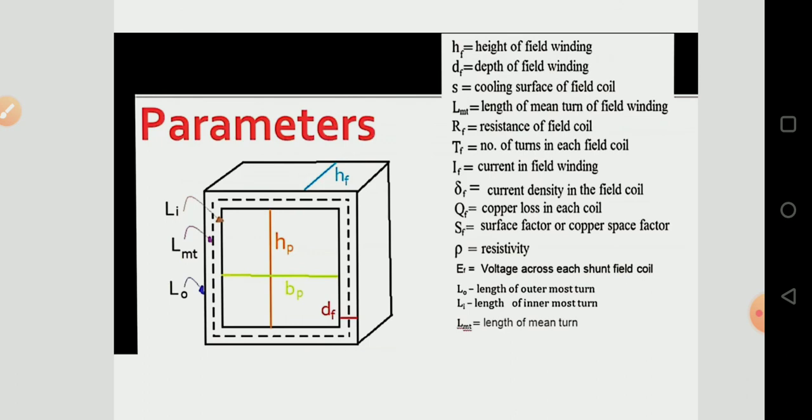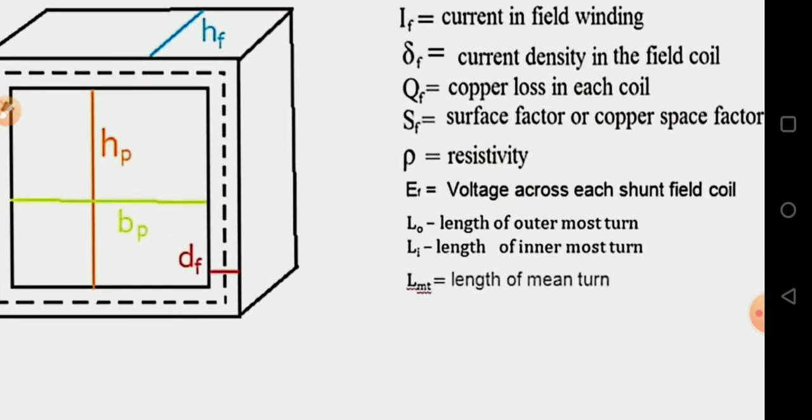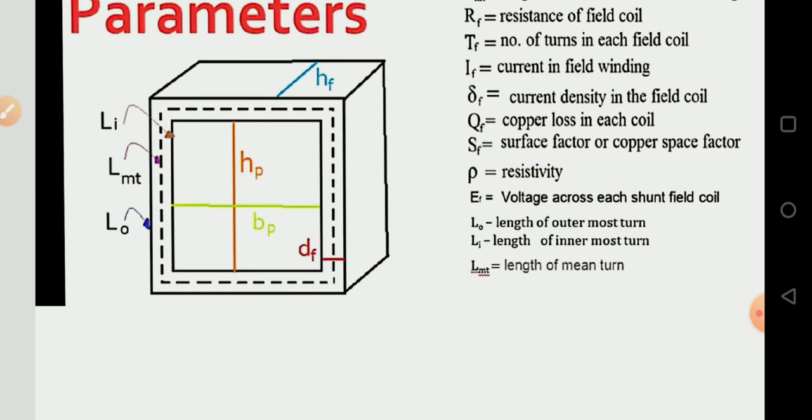H_f is the height of the field winding, D_f is the depth of the field winding, S is the cooling surface of the field coil, L_mt is the length of mean turn of field winding, R_f is the resistance of field coil, T_f is the number of turns in each field coil, I_f is the current in the field coil, delta_f is the current density in the field coil, Q_f is the copper loss in each coil, S_f is the surface factor or copper space factor, rho is the resistivity, E_f is the voltage across the shunt field coil, L_o is the length of the outermost turn, L_i is the length of the innermost turn, and L_mt is the length of the mean turn.